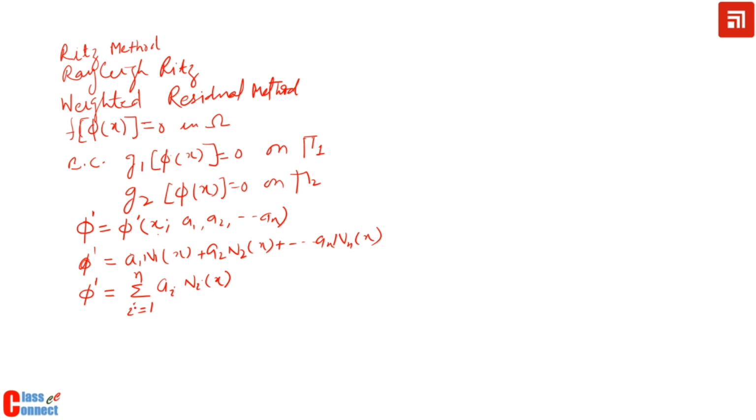So this assumed function satisfies the boundary conditions, and this function Nix is called the trial function, because this is the function on which the value of phi dash is depending, which is the assumed solution of the problem.